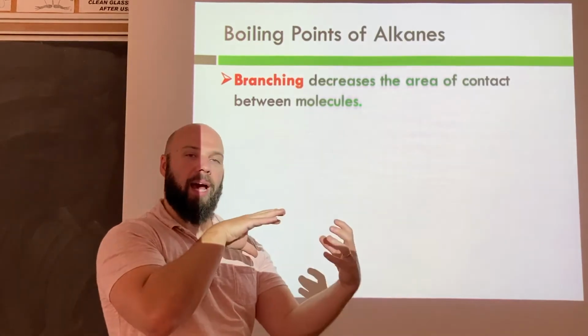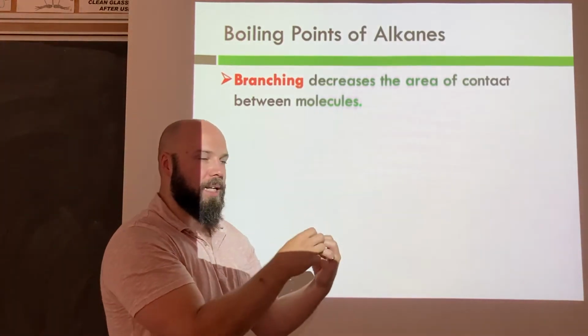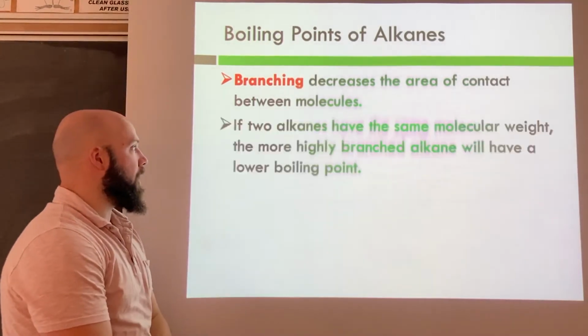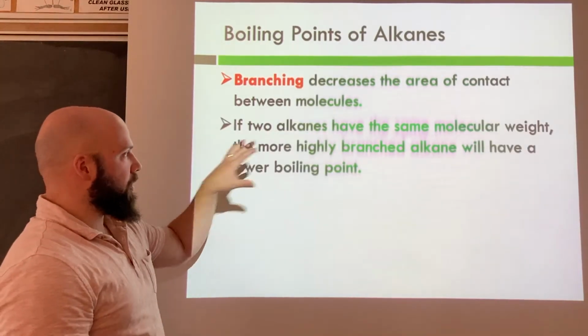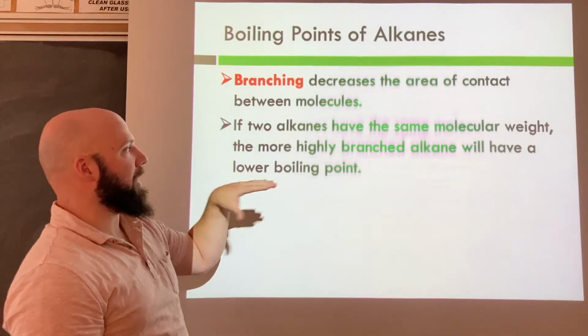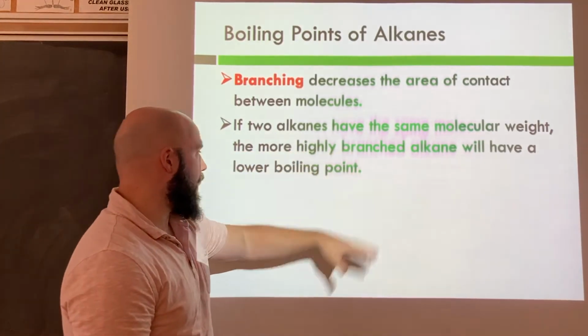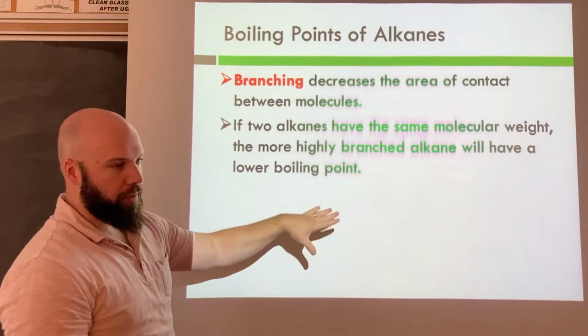So you don't have the electrons from the carbons in the center contributing to the London dispersion forces. So you can look at 2 alkanes with the same molecular weight. The more highly branched one is going to have a lower boiling point.